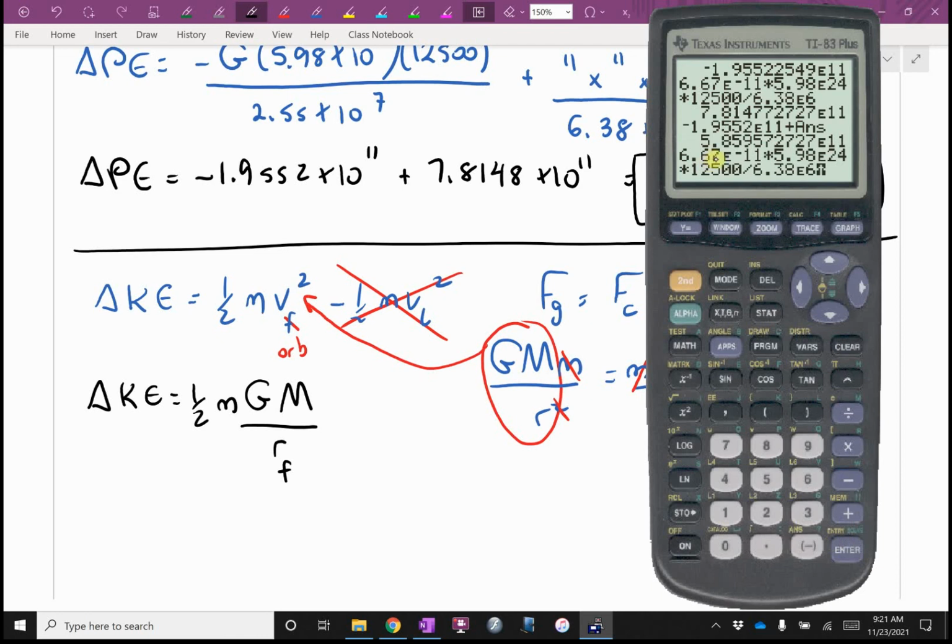There's big G, there's big M, there's little m. I just need to multiply by a half or divide by 2, and change R final back to the 2.55. So if you know how to go back multiple lines on your calculator, it's really handy. Way less typing.